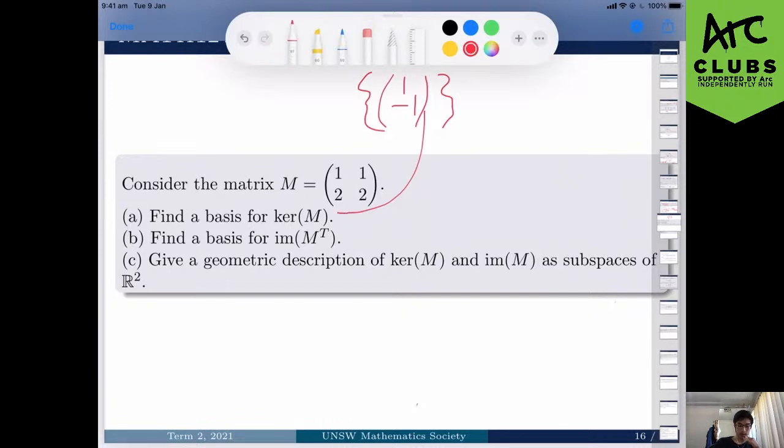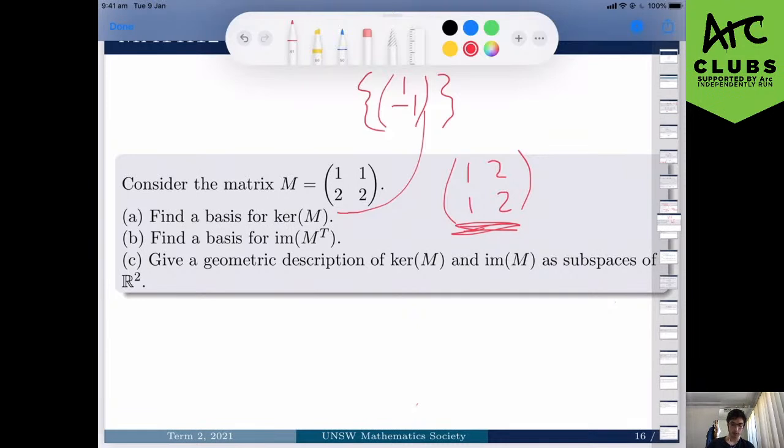Basis for the image of M transposed. Let's just write M transposed by definition of transpose, and we want a basis for the image of this. We just want to find a basis for all possible linear combinations of this thing. So when this is multiplied by something, what can it end up being?